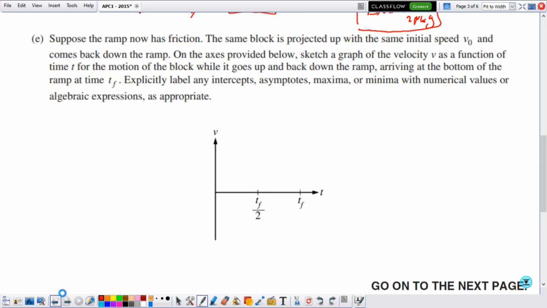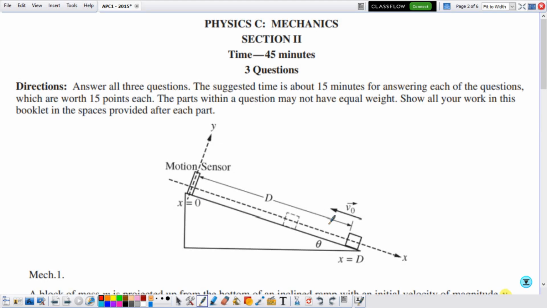Why? Let me explain. As we go up, what are the forces acting on the block? We have the pull of gravity and the friction, and while it's going down we also have the normal push, but I'm not discussing the normal push because it will always be perpendicular to its displacement along the ramp. So up the ramp we have gravity and friction. Down the ramp we also have friction and gravity, but remember that friction is a variable force, so its direction or magnitude might change depending on the system itself.